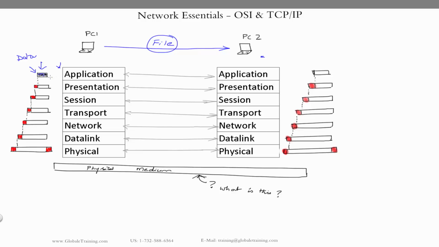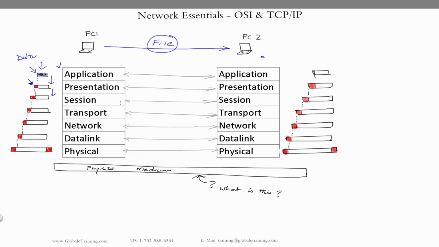Now when the application passes the data to the next layer, this presentation layer handles the presentation. It adds its own header to the data that came from the top layer. So the presentation layer adds this and passes it to the next layer, which is the session layer.